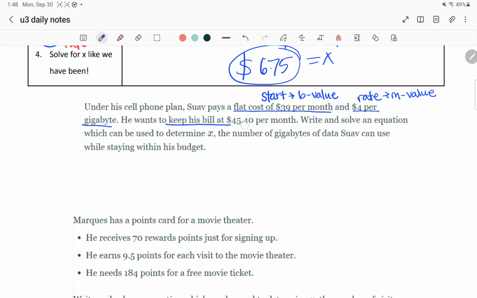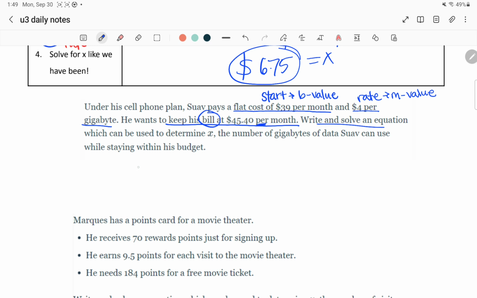He wants to keep his whole bill $45.40 per month. Notice this as per. I know I said per was always the rate, but we need to think about this in context of the question. His overall bill, he wants the total bill to be $45.40. So that is going to be my total. Write and solve an equation. We're just going to write it.